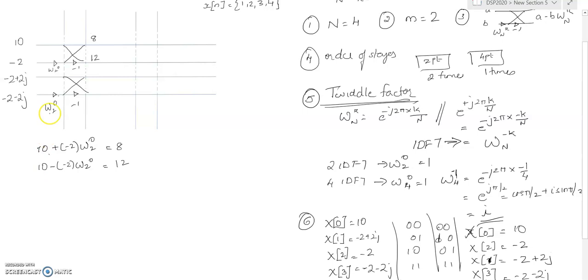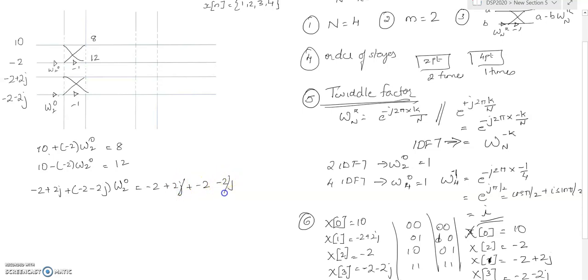as the next butterfly, when we are solving these two, we will have minus 2 plus 2j plus minus 2 minus 2j W20. So that will be equal to minus 2 plus 2j plus minus 2 minus 2j.